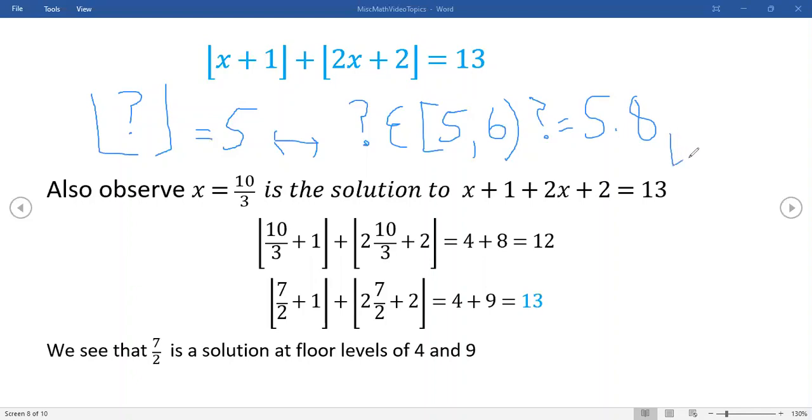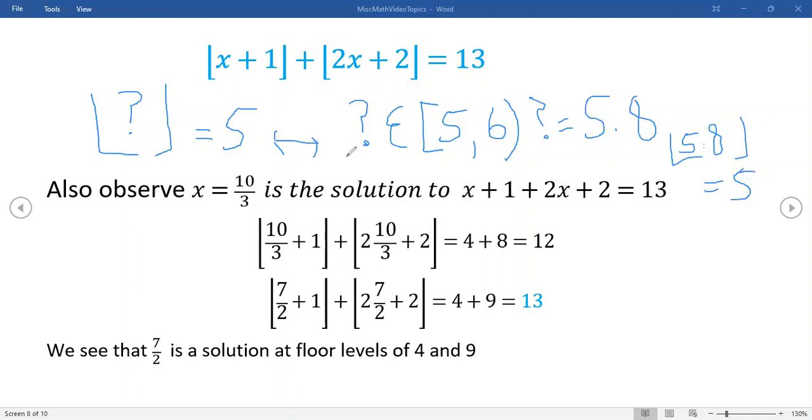Let me just write that over here. It's kind of a way of thinking about it without even having to interpret that. So the floor of 5.8 is equal to 5, right?